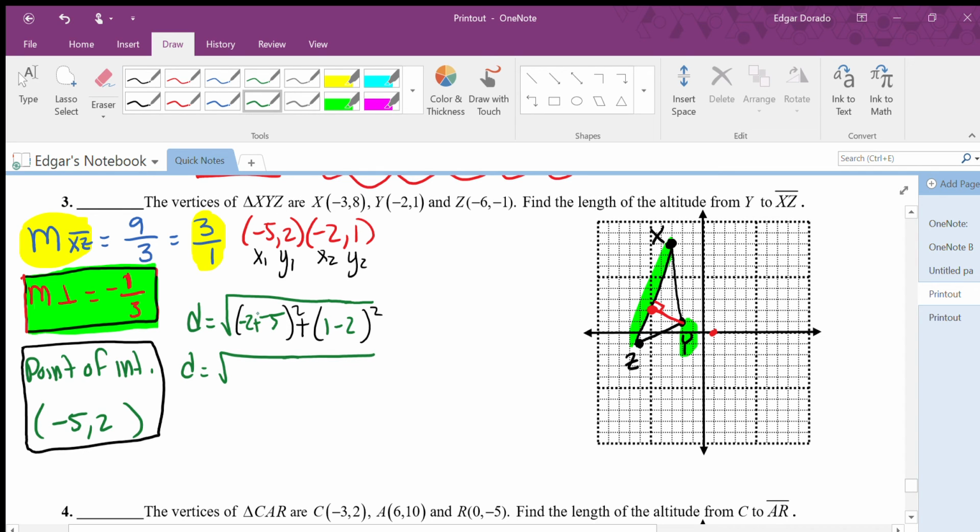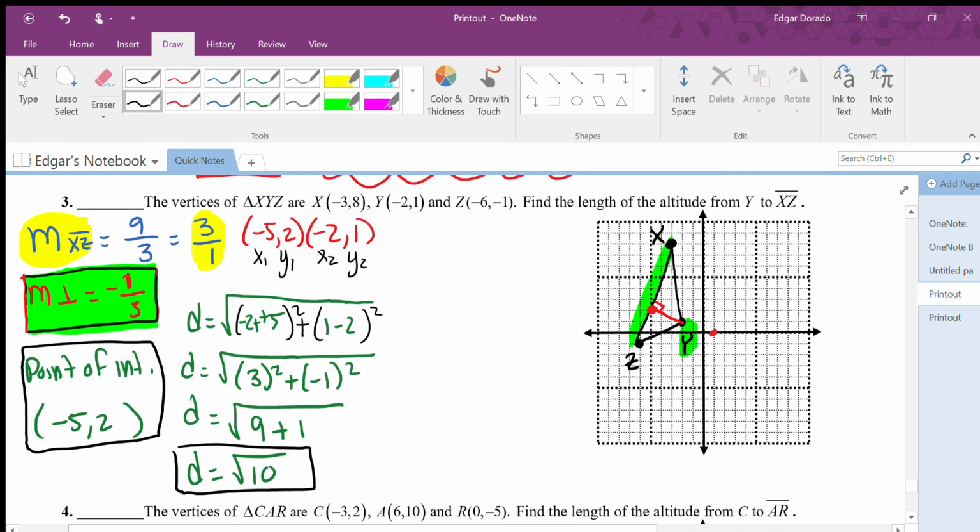Negative 1 minus negative 5 is really just 3. So this is 3 squared plus negative 1 squared, which is 9 plus 1. In other words, the square root of 10. So the square root of 10 is our distance, the length of our altitude. Square root of 10 is our final answer.